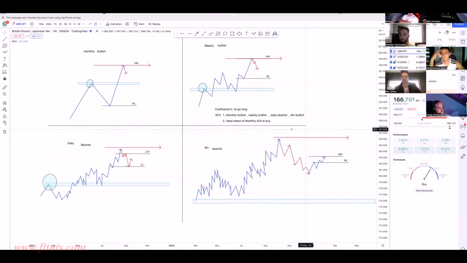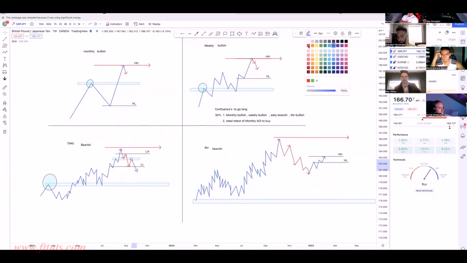So now that we understand that the 4-hour has gone bullish and the daily is bearish, the daily has rejected its area of interest. Let's just put here, for this example's purposes, an area of resistance, support, resistance. Now the daily is going to create its new lower low.